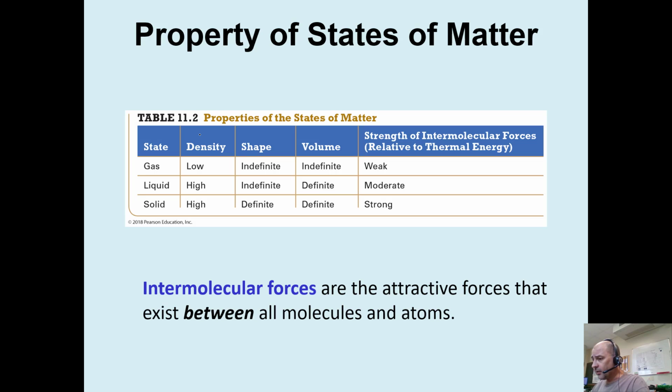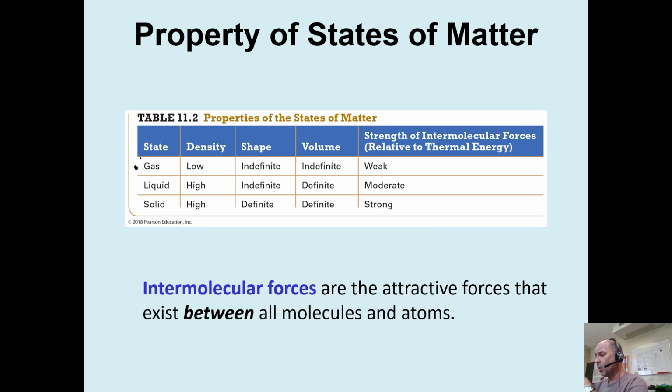And so to just summarize the density, shape, and volume of gases, liquids, and solids in general, whether this is copper metal you're melting or vaporizing, or water, or any other material: in the gas phase the density is always low because the molecules are far apart. The shape is indefinite, meaning it's not even confined by the container.